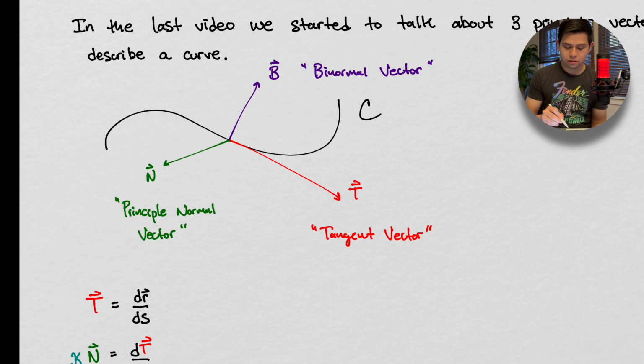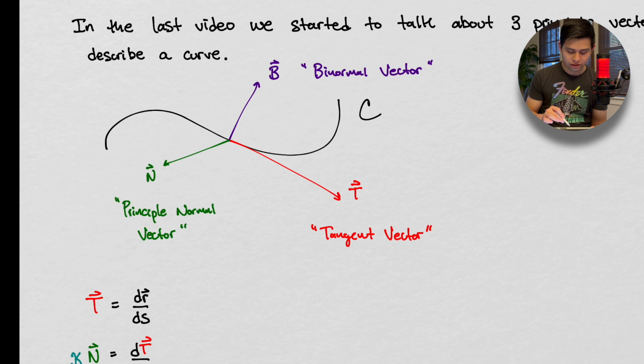The tangent vector gives us the velocity of a particle because it's the change in the position with respect to time. And that change, in calculus and in other courses, as you know, is associated with the tangent vector at that point. Then we have a principal normal vector.